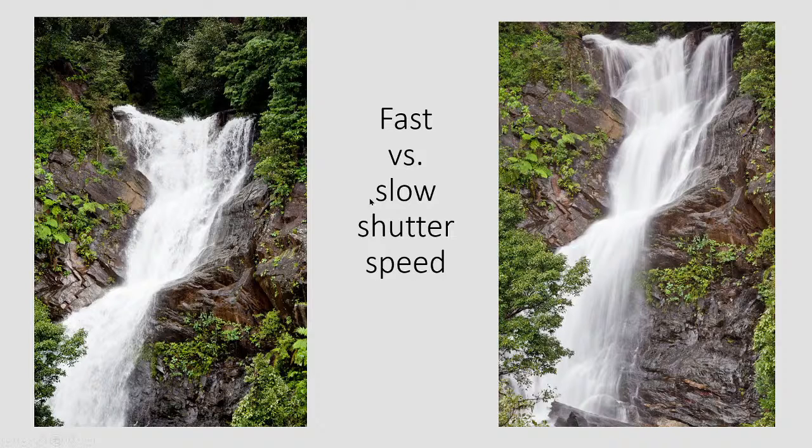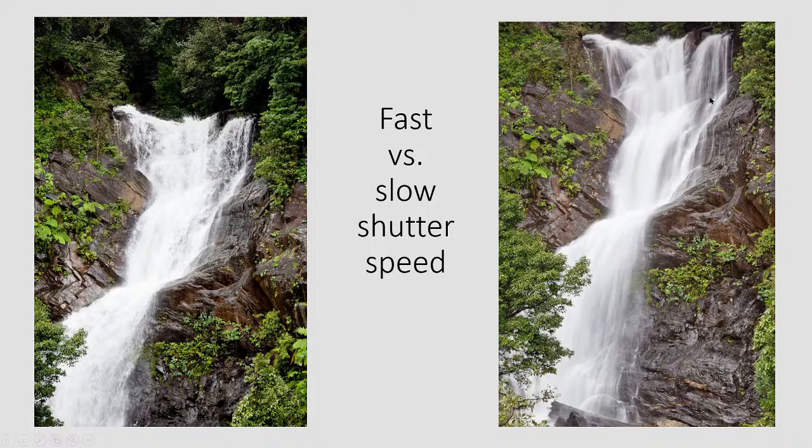So this is how you shoot depending on your need, not what the camera does. If you had used either program mode or auto mode, the camera would have gone for the faster shutter speed, because the water is moving and you are hand holding the camera. Then it decides, okay, this is a fast shutter speed, so I'll click.